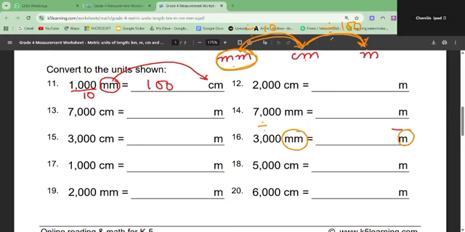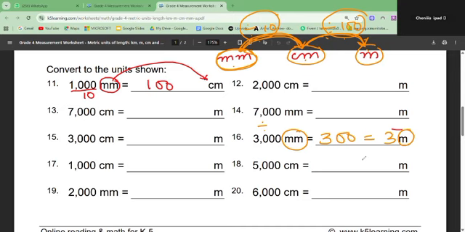First of all, divide by 10, you will reach centimeters. Then divide by 100, you will reach meters. So you have to follow both the steps. Step number 1 is divide by 10, you get 300. Then step number 2 is divide by 100, you get 3 meters.